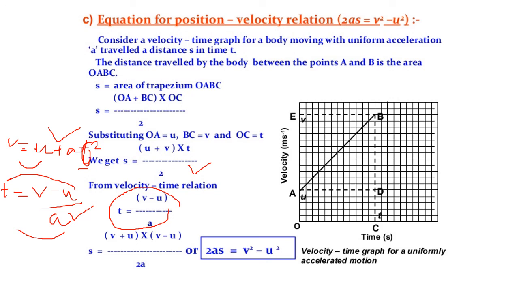So what we will get: V plus U into, instead of T, V minus U divided by A. Can you see this? When we solve this equation, we will get 2AS is equal to V square minus U square. So this is the third equation that we get from the position and velocity relation.